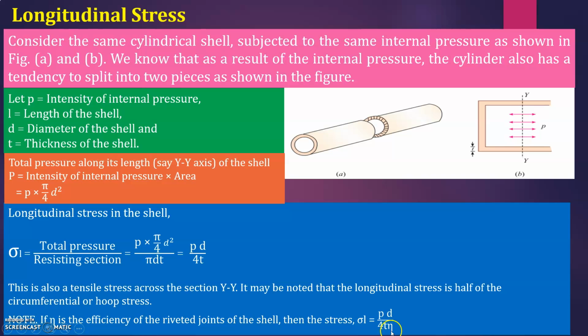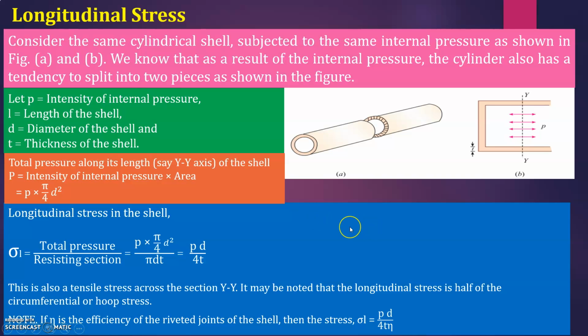This efficiency is nothing but the loss. If there are some losses while riveting the joints, you have to consider that it may be 70%, 80% or 90%, whatever. If there is an efficiency, you have to use this formula. Otherwise, longitudinal stress is equal to PD divided by 4T. So this is the way to find the longitudinal stress.